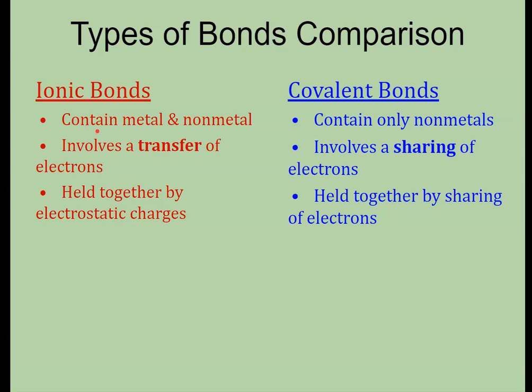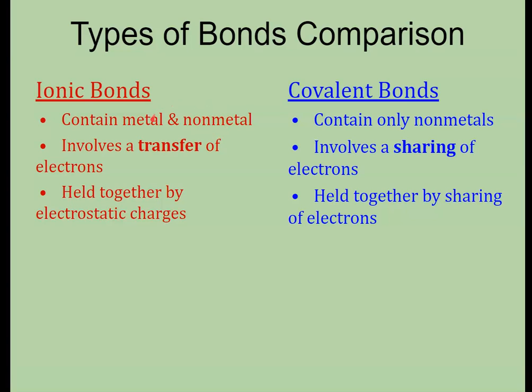Ionic bonds form anytime we have metals and nonmetals coming together. So remember, metals have a low electronegativity, right? Nonmetals have a high electronegativity. So you get an element that doesn't pull very hard on its valence electrons, and another element that pulls really hard on valence electrons. That nonmetal is going to take electrons from the metal.